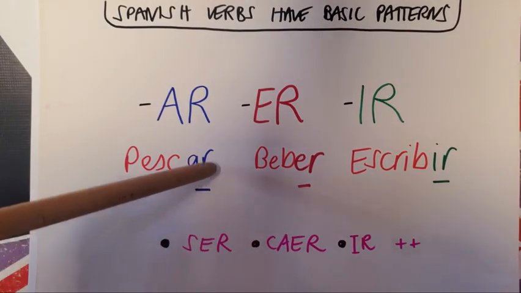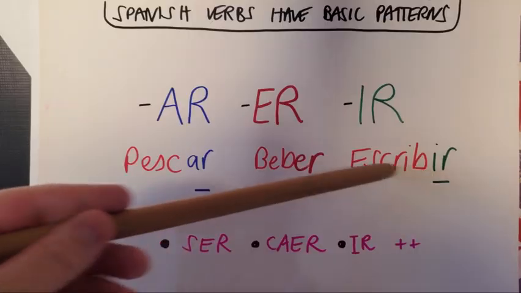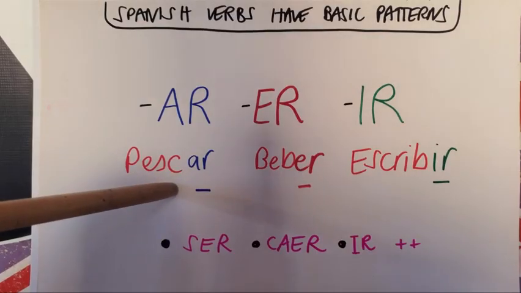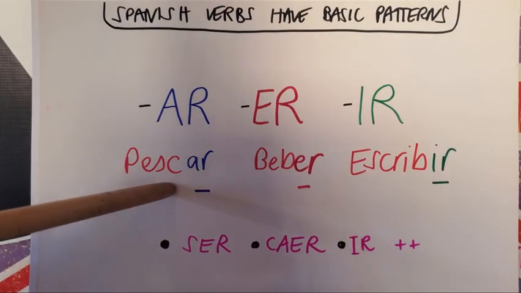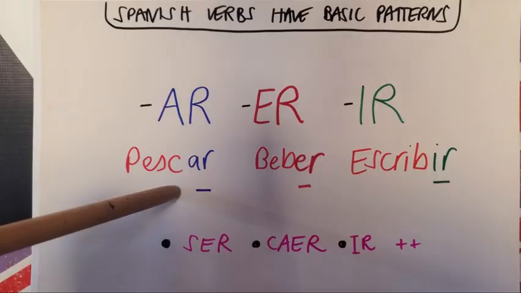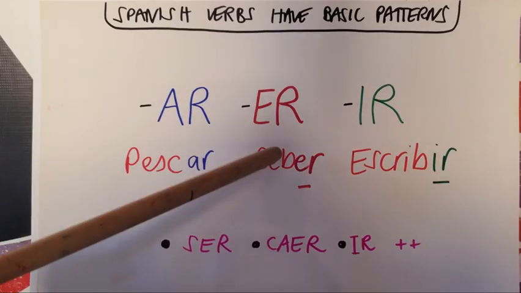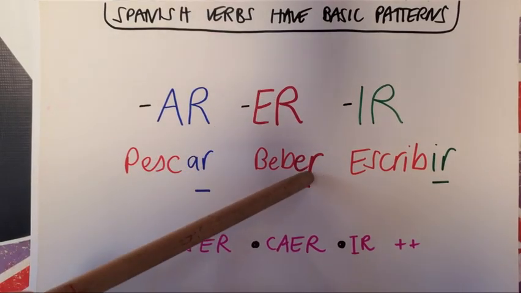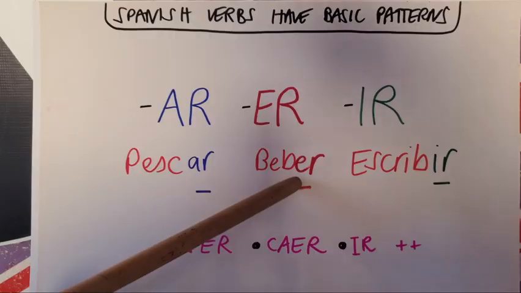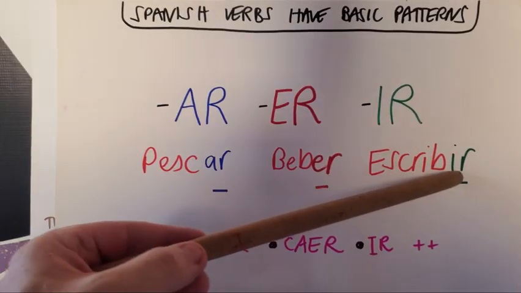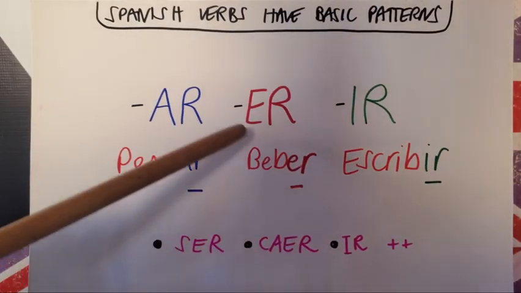Now this is going to help us. For example, the word to fish in Spanish is pescar. The verb to drink is beber, ending in ER. The verb to write is escribir, with IR.